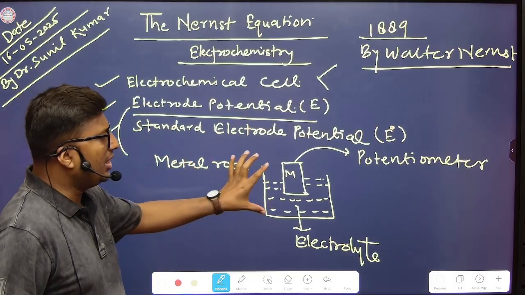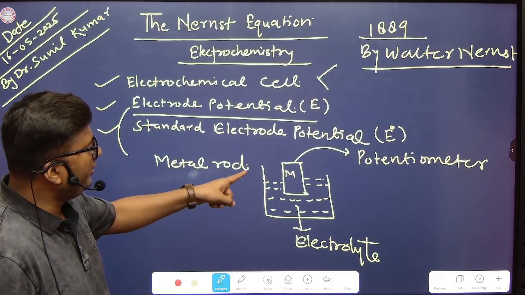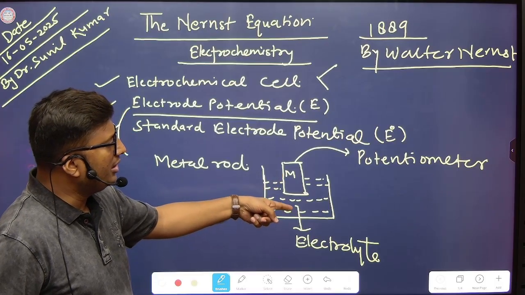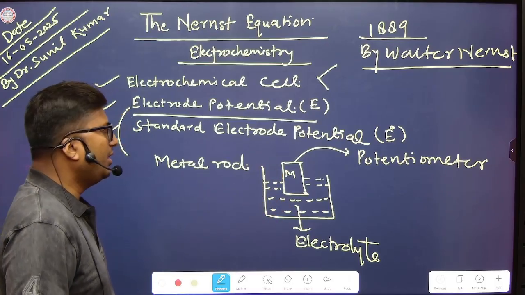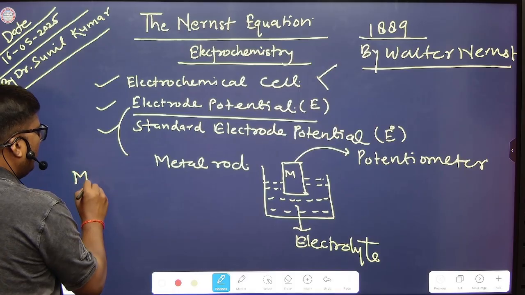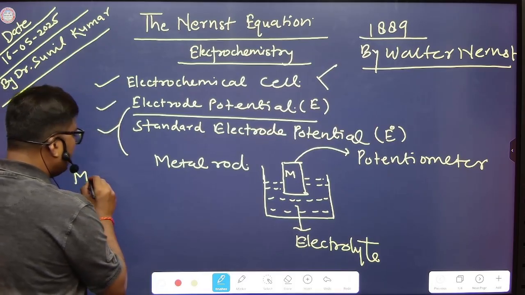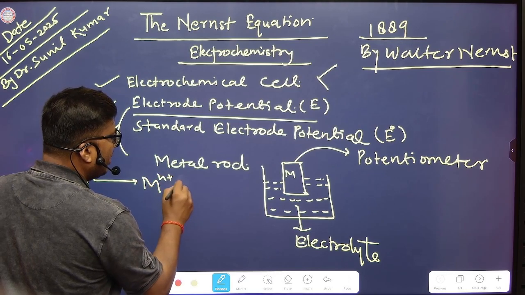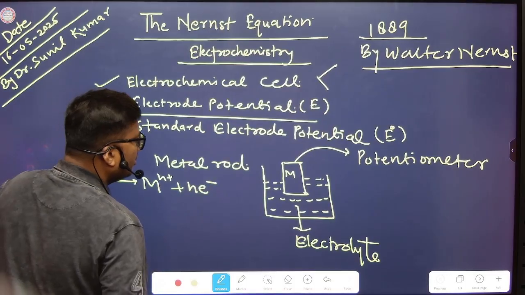This depends on the interfacial reactions between the metal rod and the electrolytic ions, right. Suppose this metal is oxidized as M n plus by releasing an electron, right.